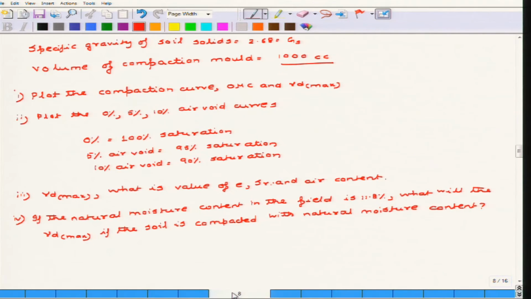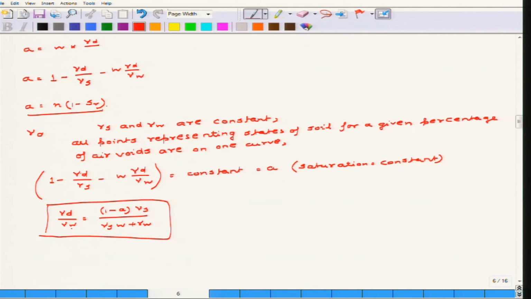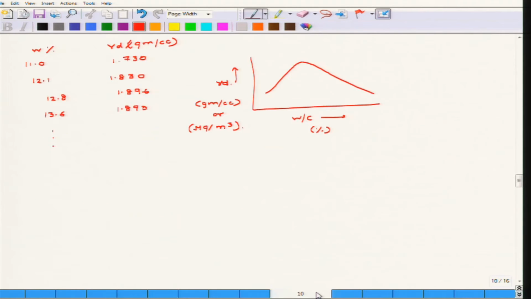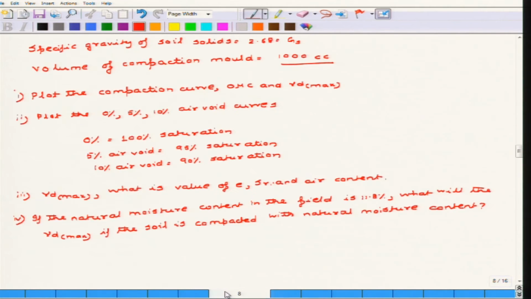Now, in the next question we are asked to plot the 0%, 5% and 10% air void curves. For these, we are going to utilize the formula that we have derived: gamma D by gamma W equals 1 minus A into gamma S by gamma S into W plus gamma W. So gamma D by gamma W equals GS into 1 minus A divided by 1 plus W into GS.